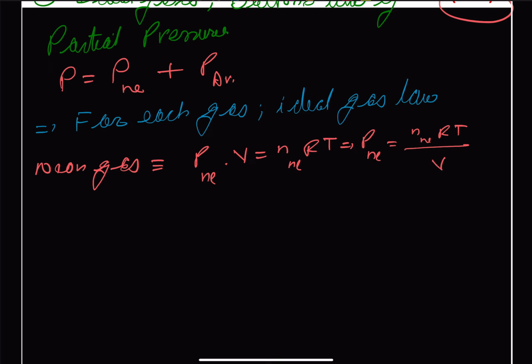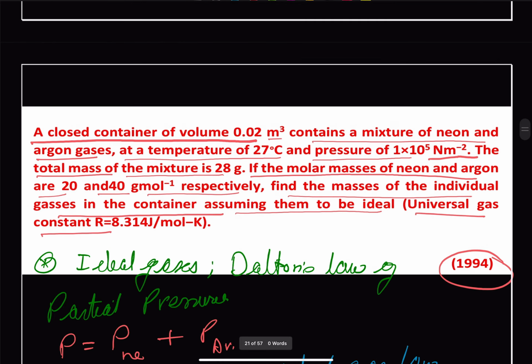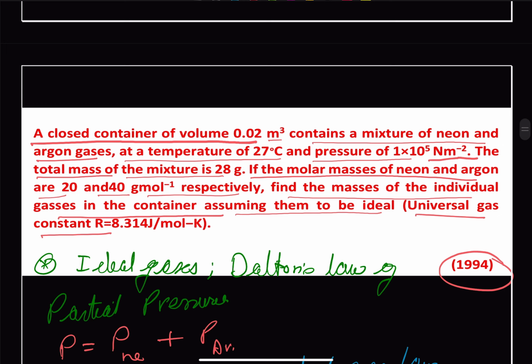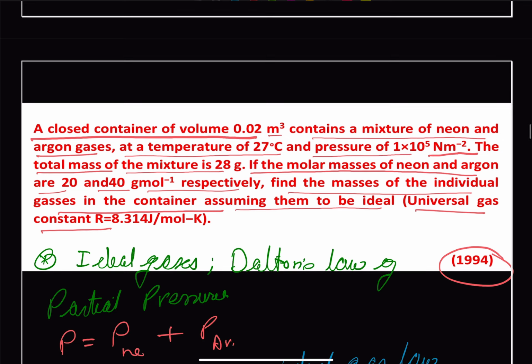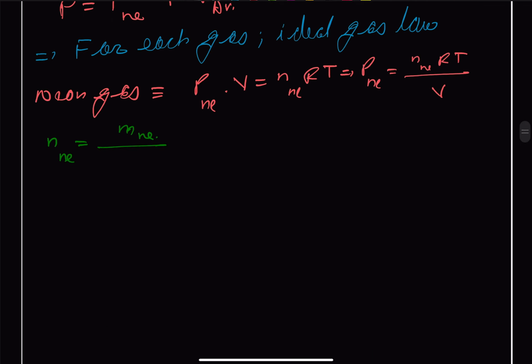And we can write that the number of moles of neon will be equal to, we have the molar mass of neon given. The individual mass we have to find out, molar mass is given, so the number of moles comes as the individual mass divided by the molar mass.